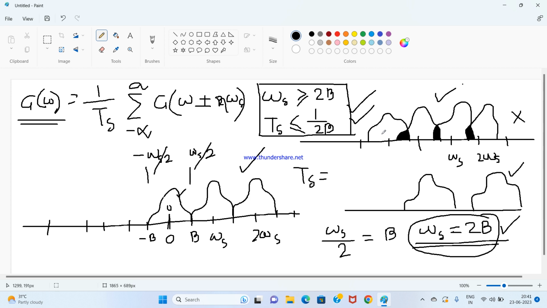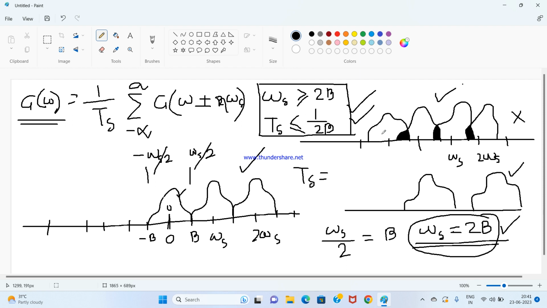If the spectrum of a signal is band limited to B hertz, then the signal can be reconstructed exactly without any error if it is sampled at least at a rate of 2B hertz, or 2B samples per second.